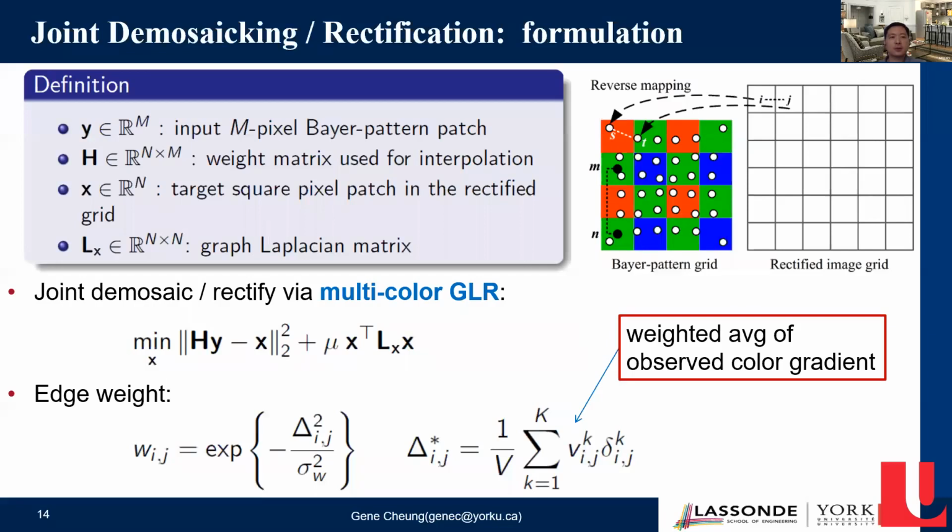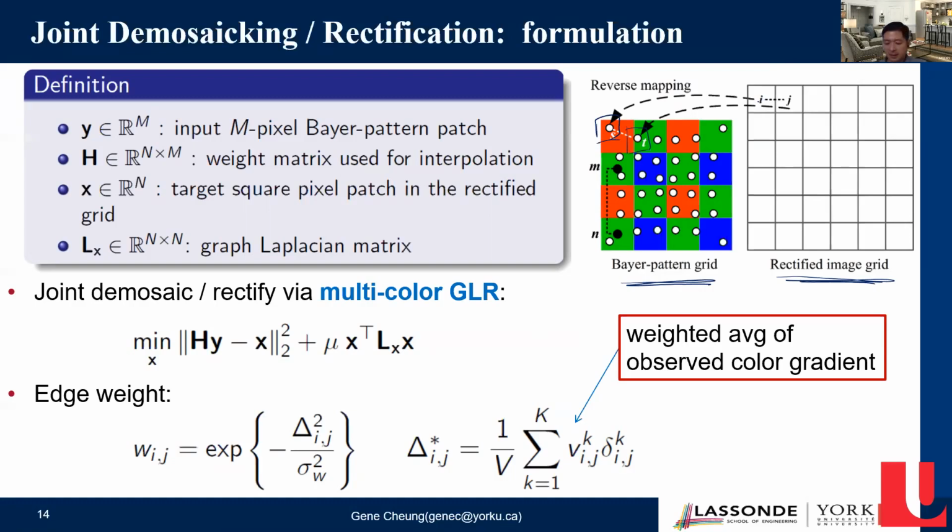So a proposal is to do this joint demosaicing and rectification in one shot using a graph. Here's an illustration. This is the original Bayer pattern grid, and this is the rectified grid, the proper looking image. Now, for each pixel location here, when you map to the Bayer pattern grid using a reverse mapping, it typically lands in a non-integer location.